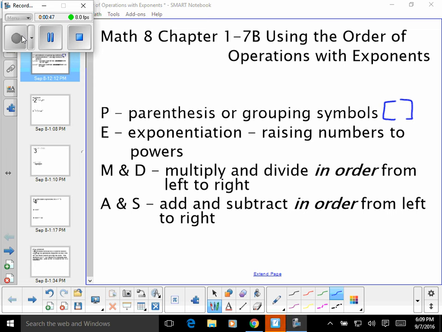However, we did not work with the E the last time we did order of operations. This time we will, of course, because we will be working with exponents. Then we multiply and divide in order from left to right. And our last step is to go through and look for addition and subtraction in order from left to right.